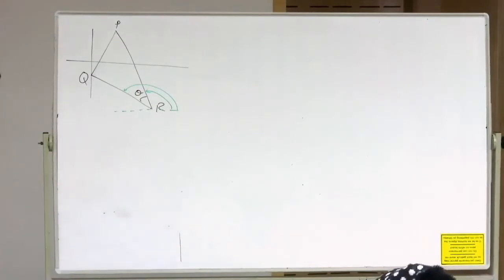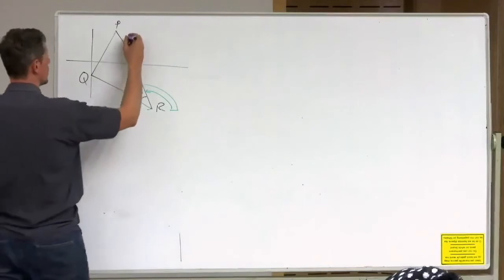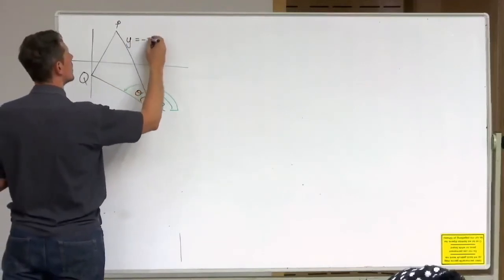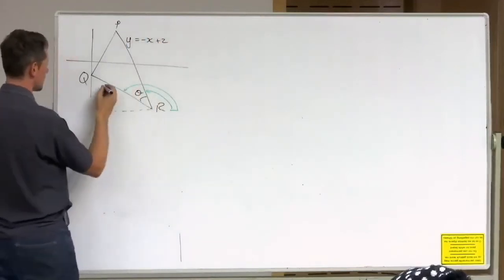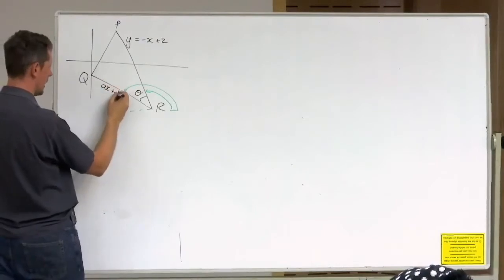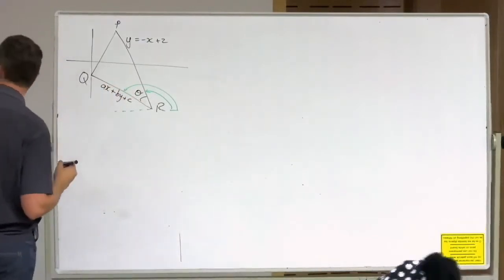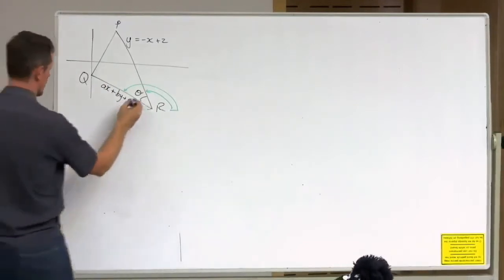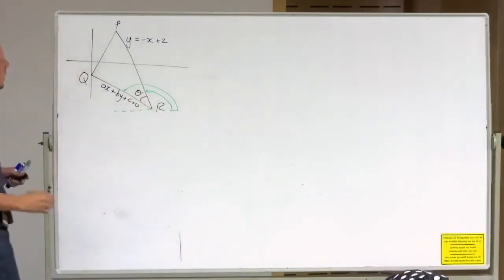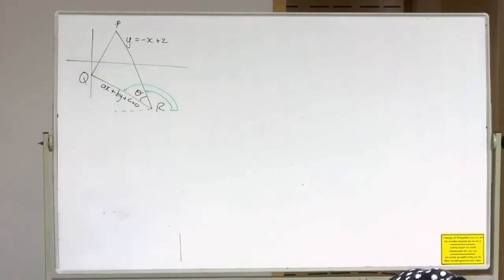I said to you, even if you've got no clue, and I gave you this one, AX plus BY plus C equal to 0, even if you've got no clue what to do, get the angle of inclination of the 2 lines that theta touches.